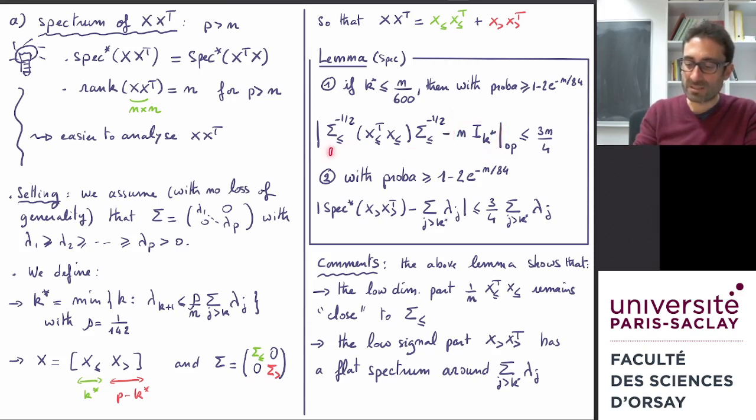So here we have something of dimension k star by k star. Of course this is not exactly true, but you have some control on the operator norm.